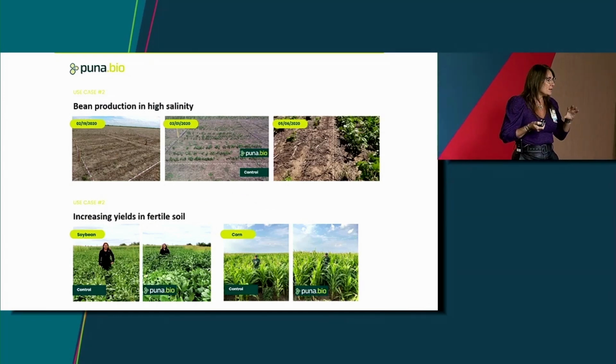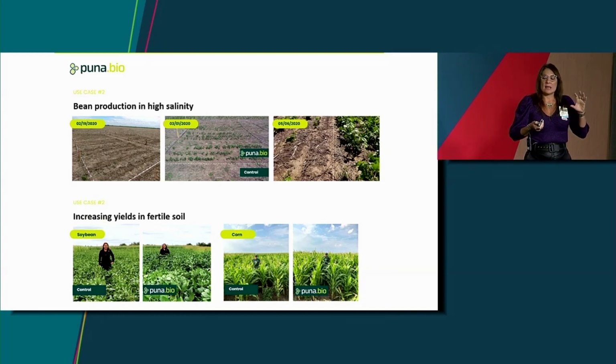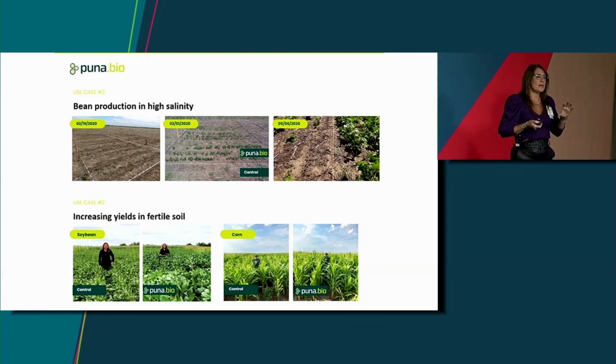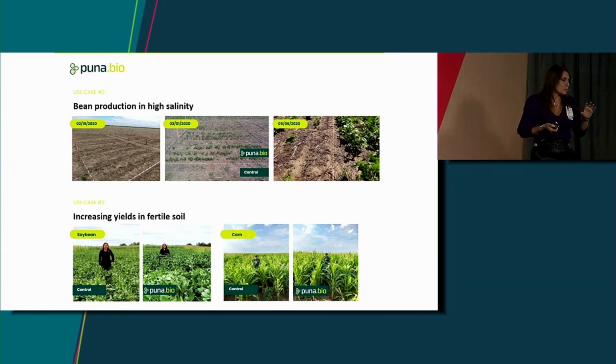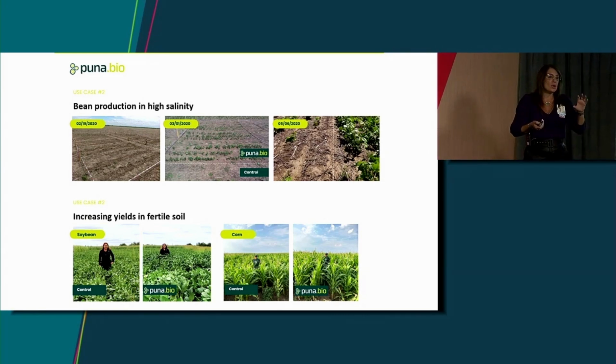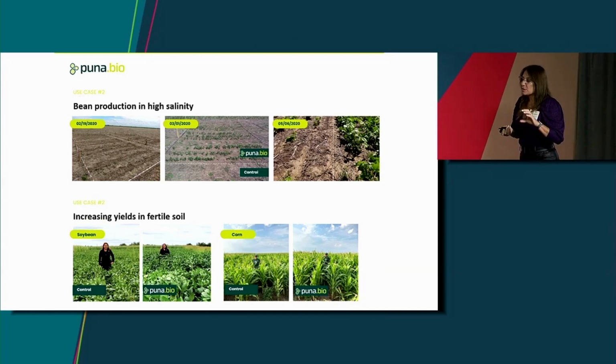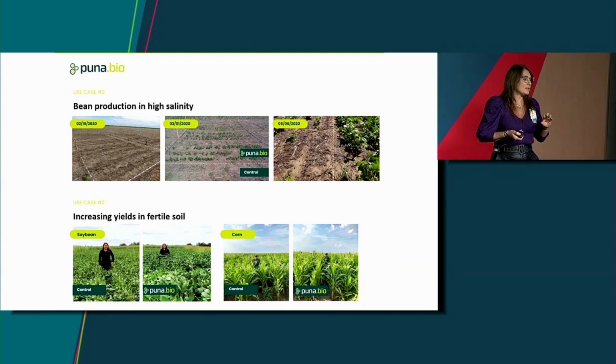So we took these bacteria to the soil, to the crops, and we found that they were able to induce the crops to grow not only with high salinity or degraded soils, but they also improve the crop yields in fertile soils.